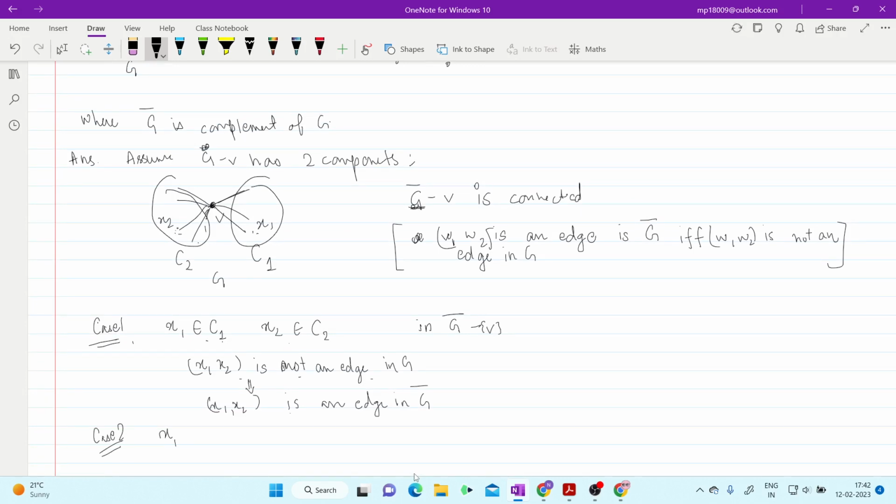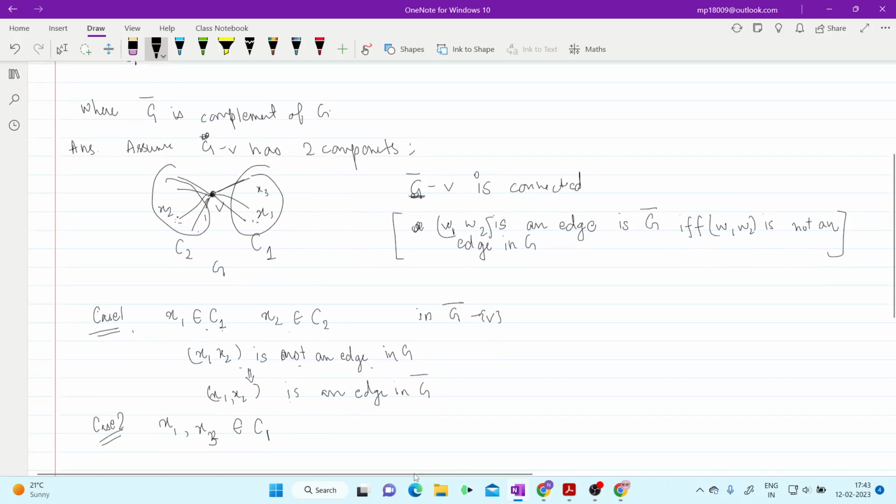Suppose x1, x3 are belonging to C1. Now can we find a path between x1 and x3 in G bar?